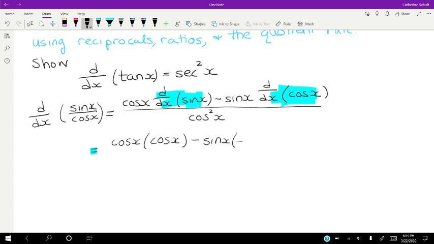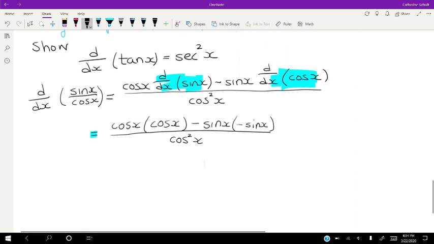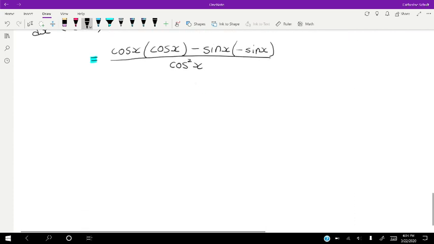The derivative of cosine is negative sine. And we're going to divide that by cosine squared. All right, so let's clean this up. Cosine times cosine is cosine squared. All right, and then this is the product. So minus minus becomes plus, and sine times sine is sine squared.